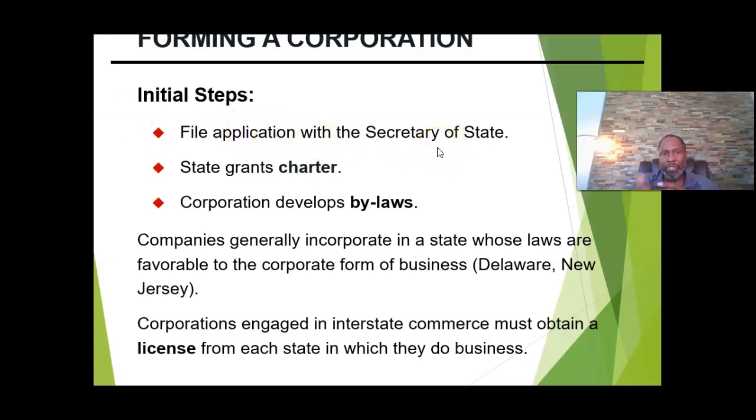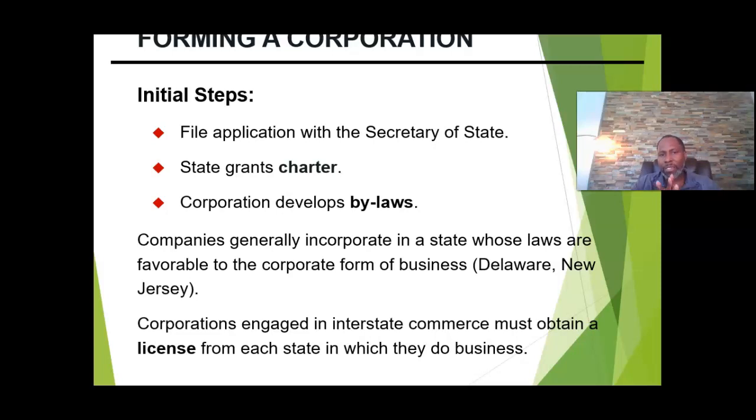So whatever state you're trying to set the corporation up in, you would go to that state's Secretary of State website, complete an application, and submit things such as your bylaws, etc. And upon approval by that state, you receive what's called a charter, which means that you are now licensed as a business to do work in that particular business. You have been formed as an actual corporation.